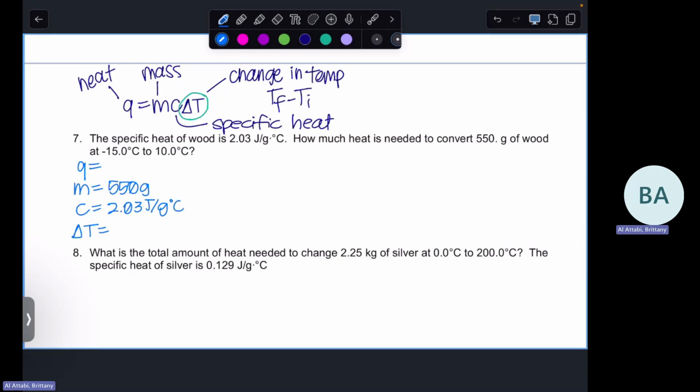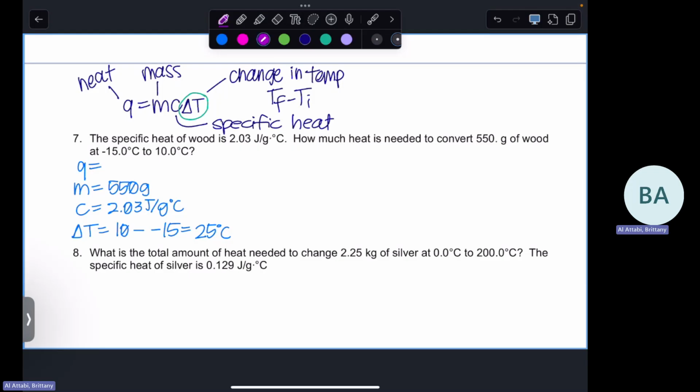And then Blessing, what's the other one that we know? I know the change in temperature. Remember, it's final minus initial. So your change in temperature should be 25 degrees Celsius. Remember, minus a negative is the same as adding a positive.